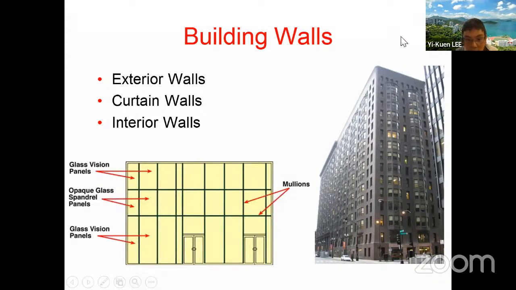Do you know why we have that complicated design? Because in reality, once you have a very complicated building with so many floors, so many offices, or even apartments, we have to consider many issues. As I mentioned, the building engineering system design, so the building wall has to consider many issues.